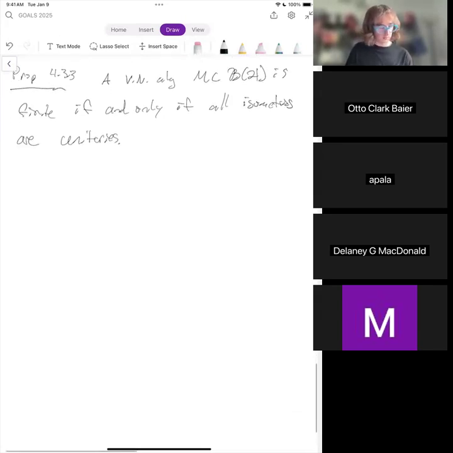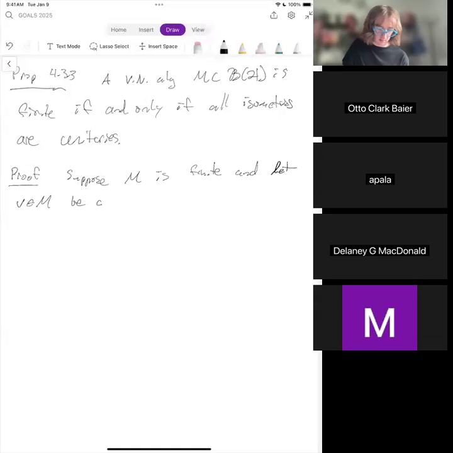So go ahead and prove that. Suppose M is finite and let V in M be an isometry. So in particular, V star V equals 1.